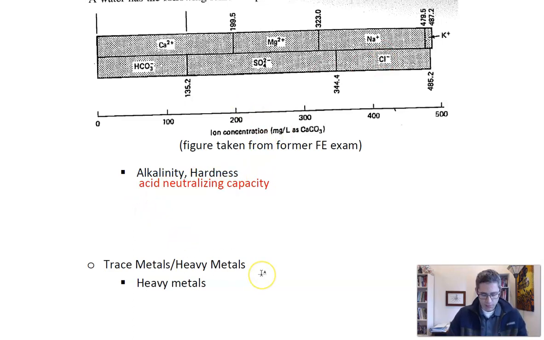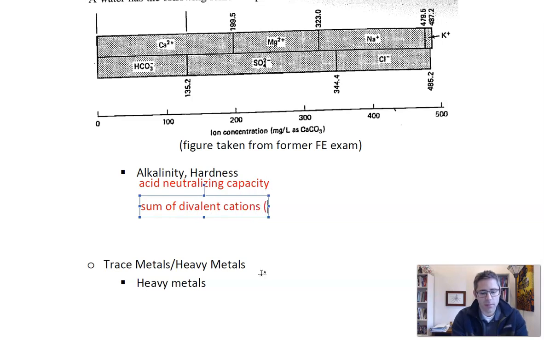But hardness is somewhat related. And we haven't talked about hardness much in this class, but it's an important topic in environmental engineering. Hardness is technically the sum of the divalent cations, which is primarily calcium 2+ and magnesium 2+.